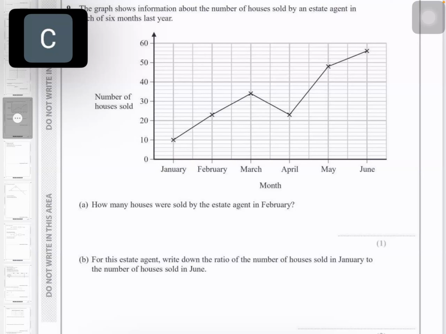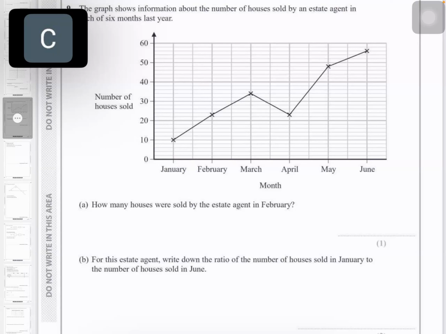The X seems to be in between that box. It's not exactly on the box where that line crosses, and it's not exactly on the one above it. Can you see it? Yes. So do you agree it's 23? 23, yes. Okay, all right. So that's for February.